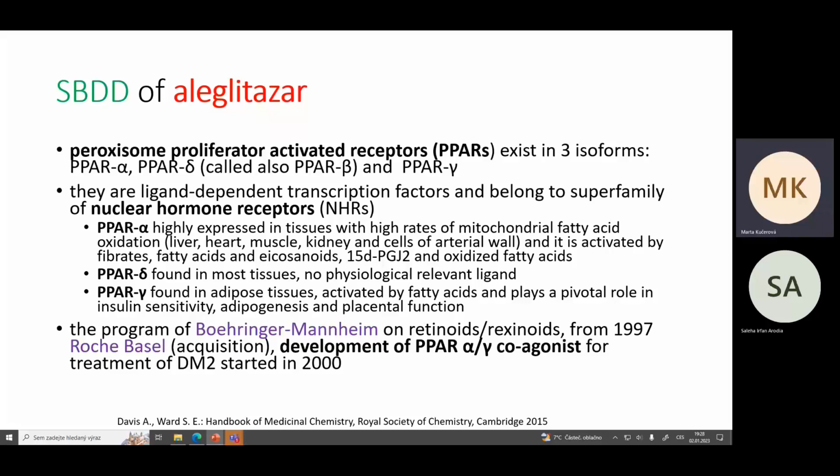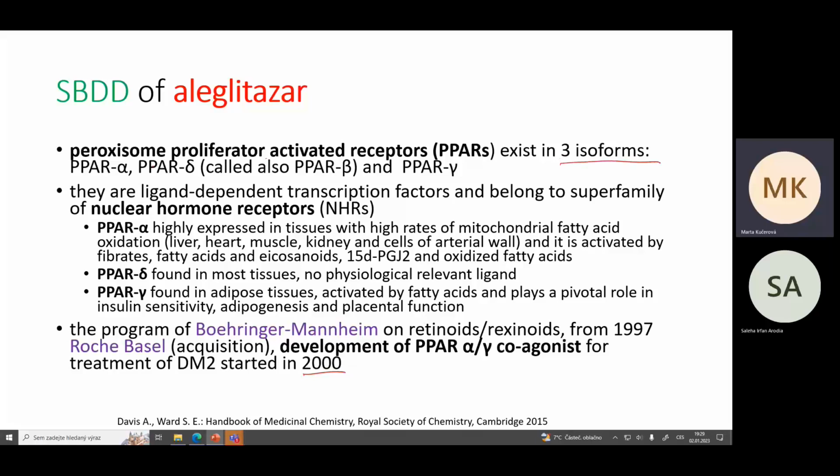I would like to talk now about aleglitazar, which was developed by Boehringer Ingelheim, Mannheim, a German company, and they started a campaign in the year 2000 for peroxisome proliferator activated receptors, in the sense of agonists of these receptors.